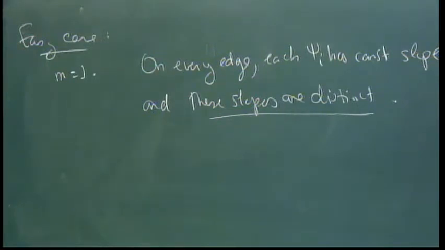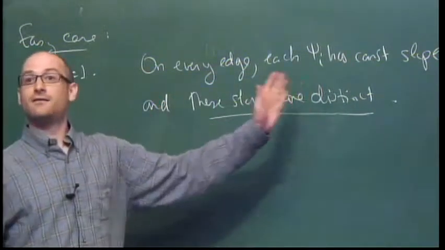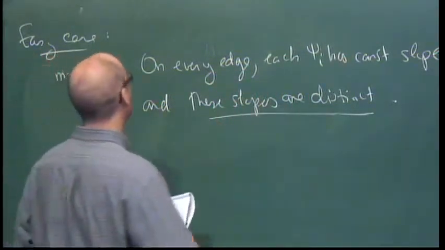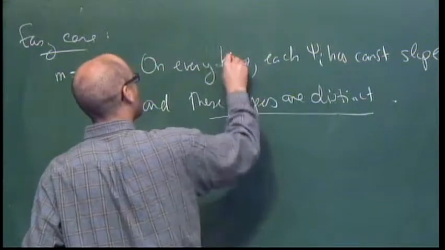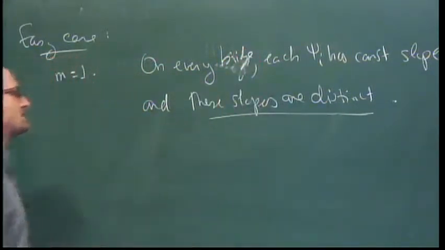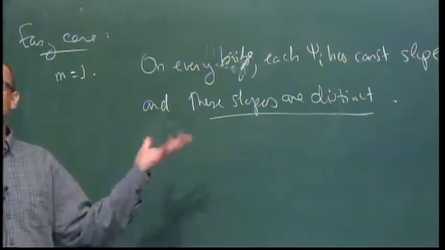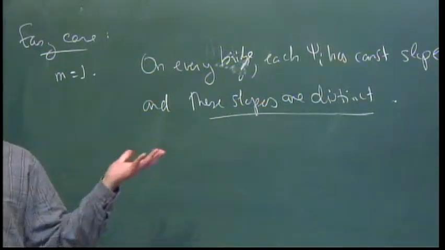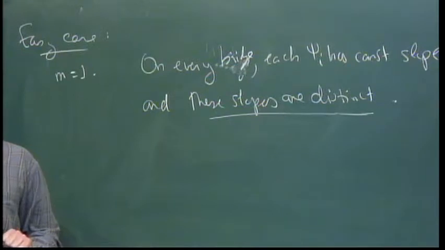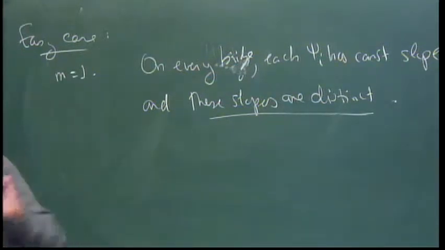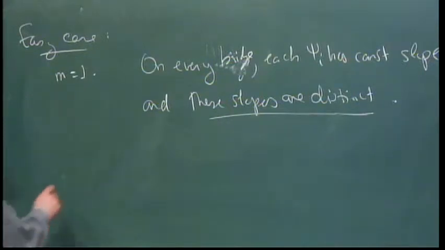Then on every edge, there have to be two functions that have the same slope. So you could take any of those edges, on every bridge, and find a proof that these are tropically independent. So choose whichever bridge you want, and you have tropical independence.